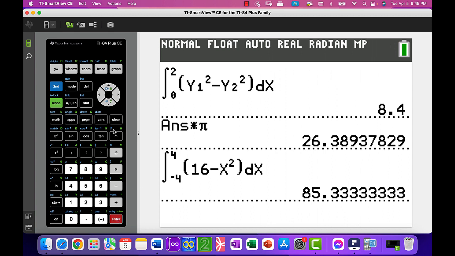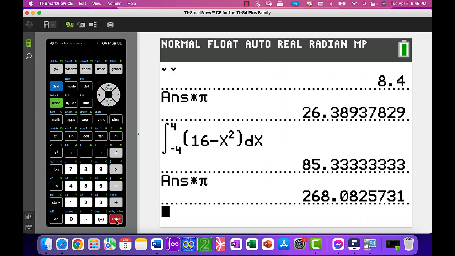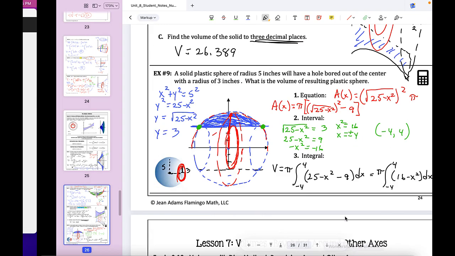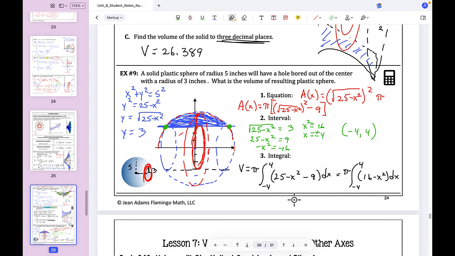Oh, and we're going to multiply that times pi. I almost forgot that. That gives 268.083, and we have a unit here, so this will be cubic inches. Volume is going to be cubed.